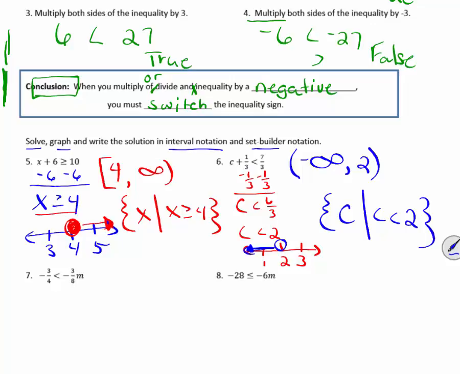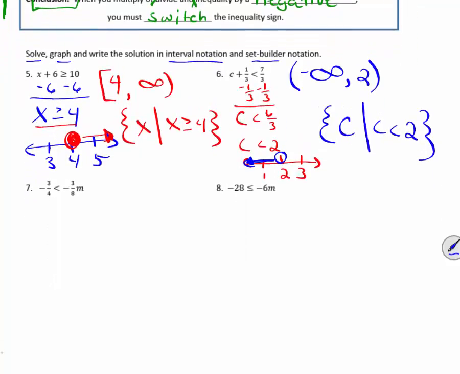All right, next one. So for number 7, here I have to get rid of the negative 3/8, which means I'm going to multiply by the reciprocal, negative 8/3. Well, I'm putting a little star here because I'm multiplying by a negative, which means my sign has to change. So it's going to go from less than to greater than. And negative 8/3 times 3/4 is going to give me a positive 2.